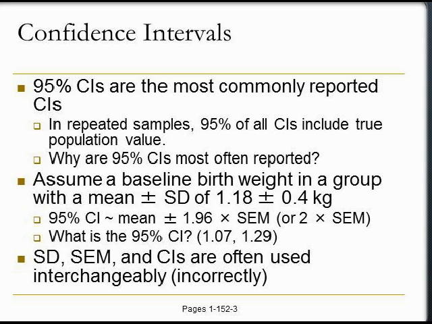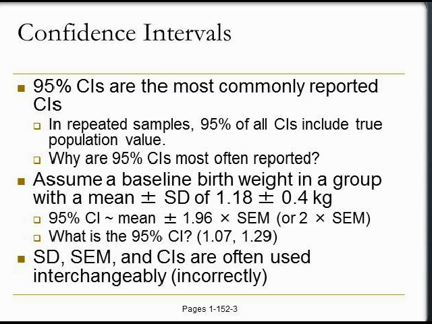Confidence intervals are probably among the most confusing concepts that you see a lot. So 95% confidence intervals are the most commonly reported confidence intervals. What these mean is that in repeated samples or repeated studies, 95% of all confidence intervals will include the true population value.